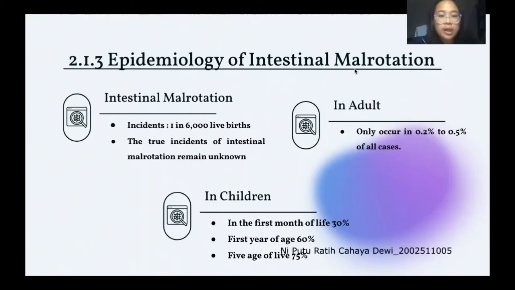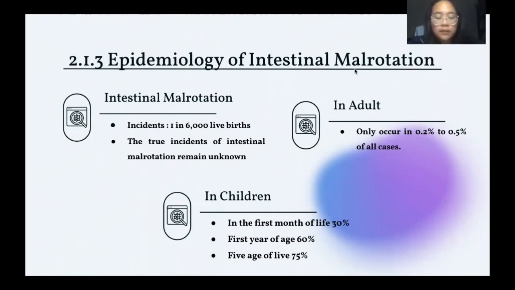I will explain about the epidemiology of intestinal malrotation. The incidence of intestinal or midgut malrotation is estimated at approximately 1 in 9,000 live births. The true incidence remains unknown because most of the anomalies are asymptomatic.